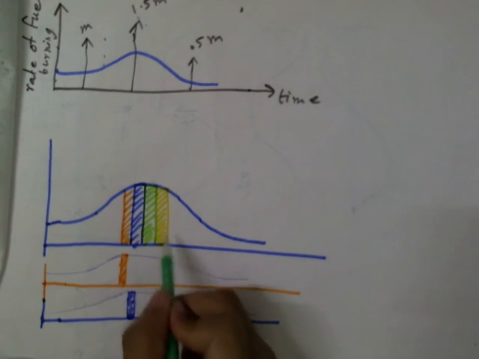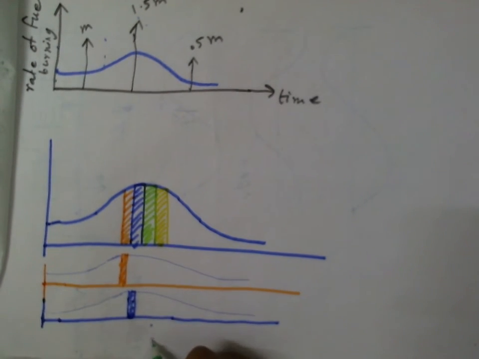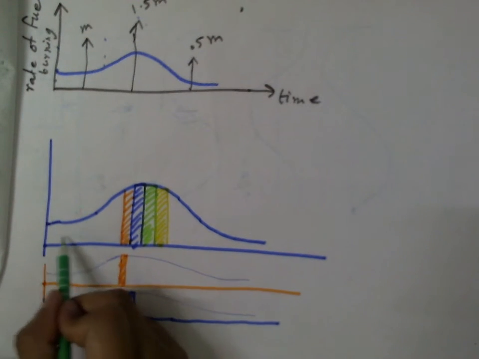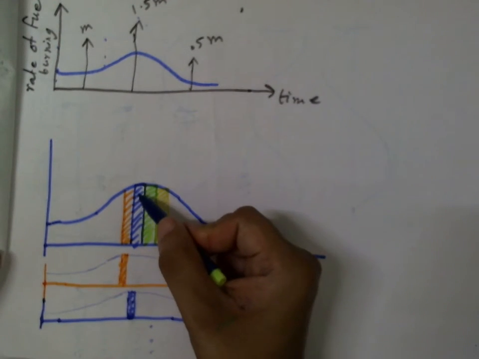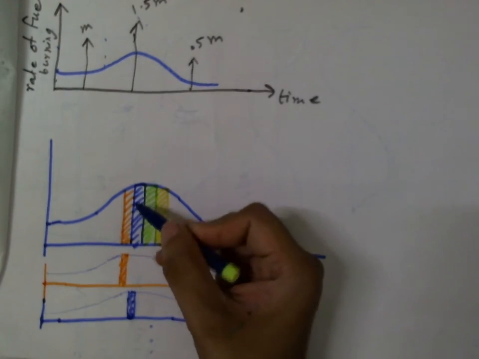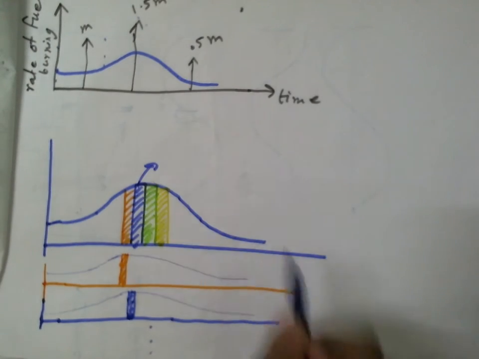So 1, 2, 3, 4, here 1, 2, then I have also 3, 4, etc., and I have so many of them. Now let's look at one of them. Maybe let's look at this one, the blue one.